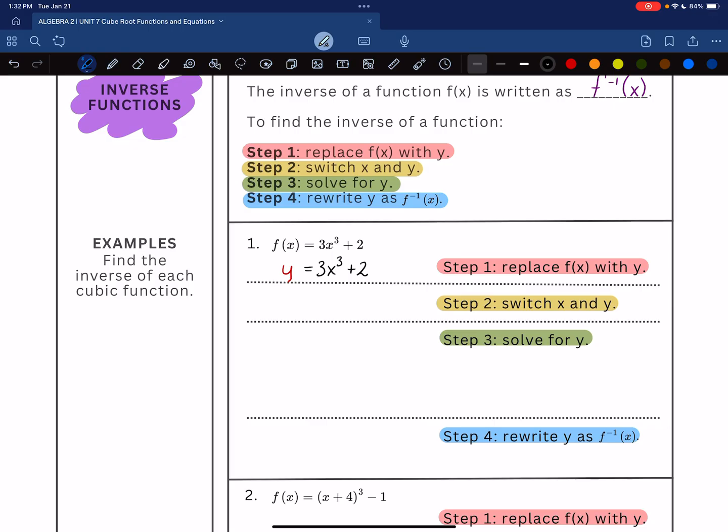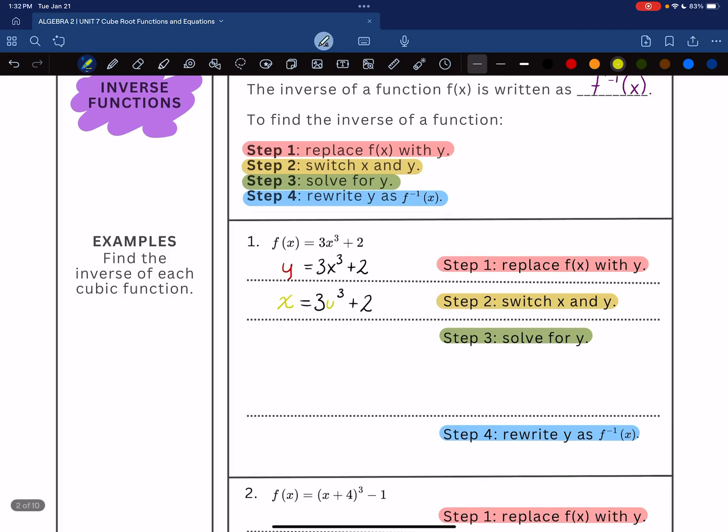Now step number 2 is going to be to switch the x and y. So everything else stays the same. The 3 stays here. It's going to be cubed and add 2, but ladies and gentlemen, we need to switch the position of x and y. So instead of y, we write x, and instead of x, we write that the y is now cubed.